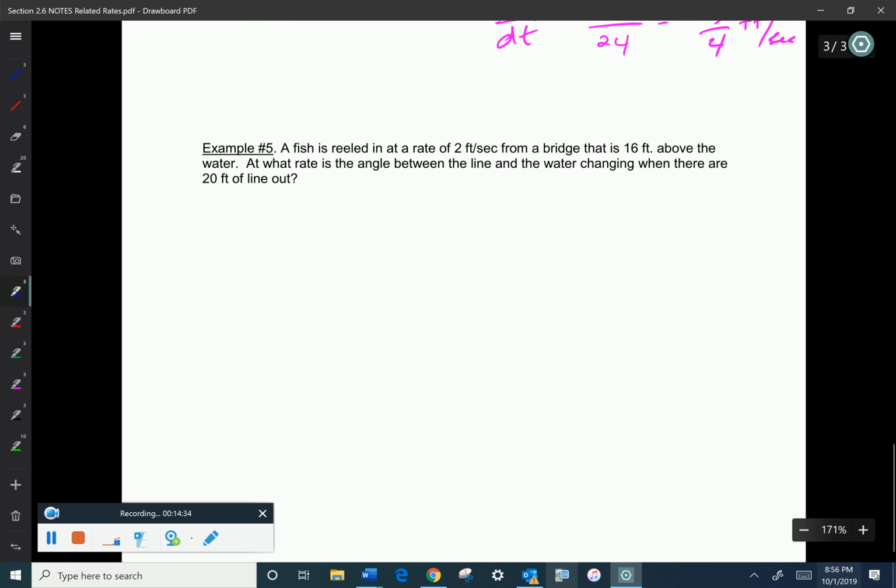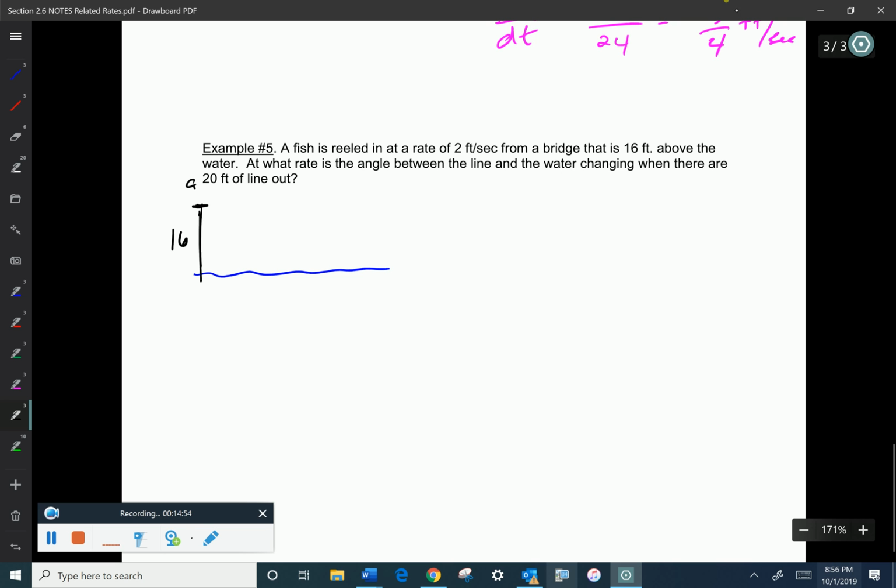Notice it says, a fish is reeled in at a rate of 2 feet per second from a bridge that is 16 feet above the water. All right, so here's the water, and there's this bridge that is 16 feet above. So here's my bridge.